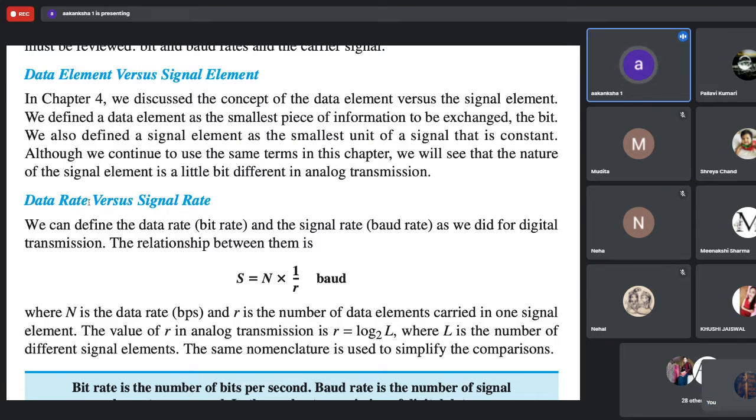Suppose A1 is representing 00, and the sine wave with A2 amplitude will be representing 01, A3 amplitude will be representing 10, and A4 amplitude will be representing 11. So here also my signal is carrying digital information, but now my voltage levels are not varying, my signals are varying. My signal elements are themselves analog signals, and they're representing different bits of information.